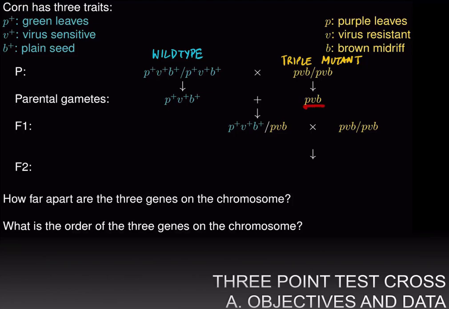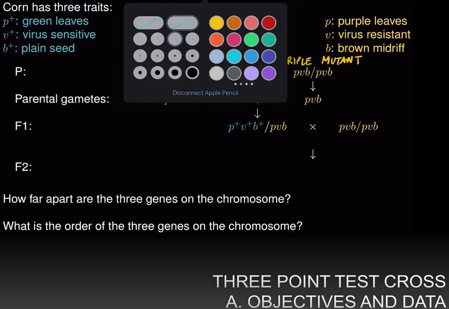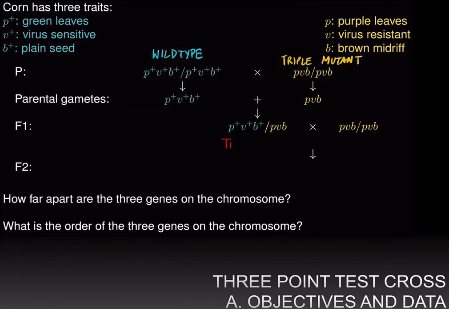Likewise, the gametes produced by the triple mutant individual will all be PVB, since that individual is also homozygous for all 3 traits. And their F1 progeny will be a trihybrid.